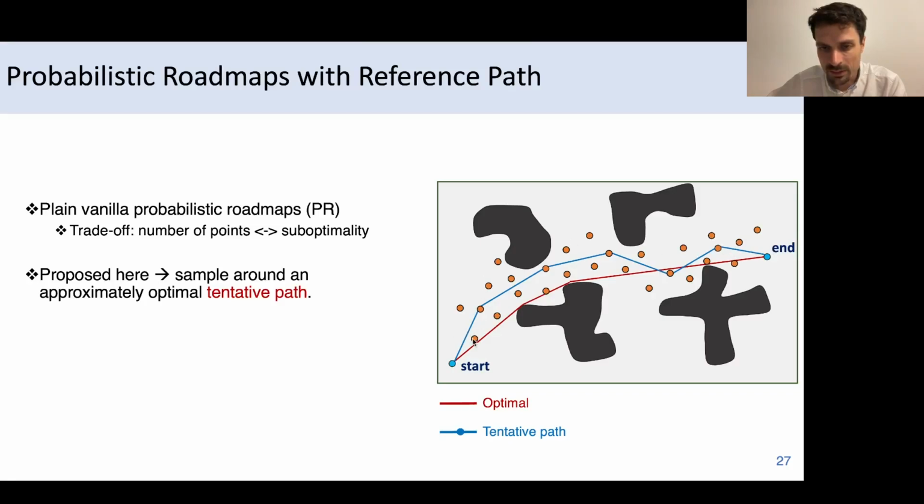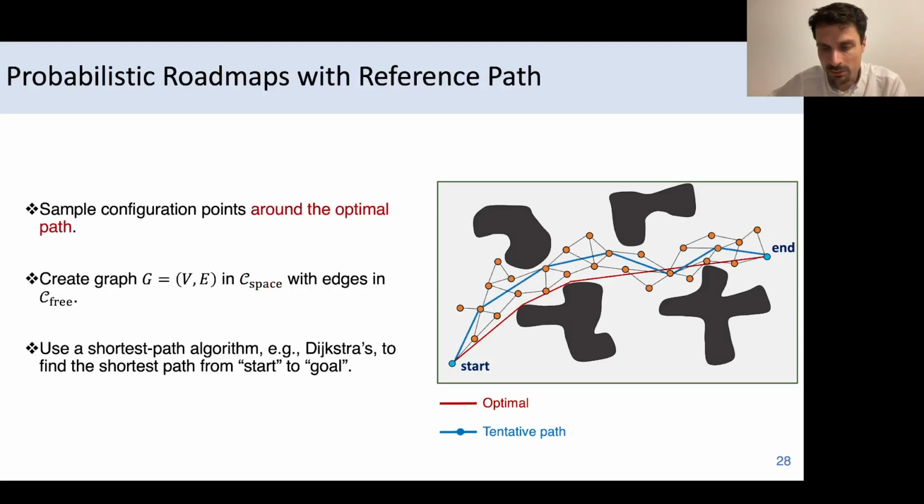So with the same number of configuration points generated at random, we get a much higher density of points around the optimal path than plain vanilla probabilistic roadmaps. So here with these points we can similarly create a graph and find the shortest path.